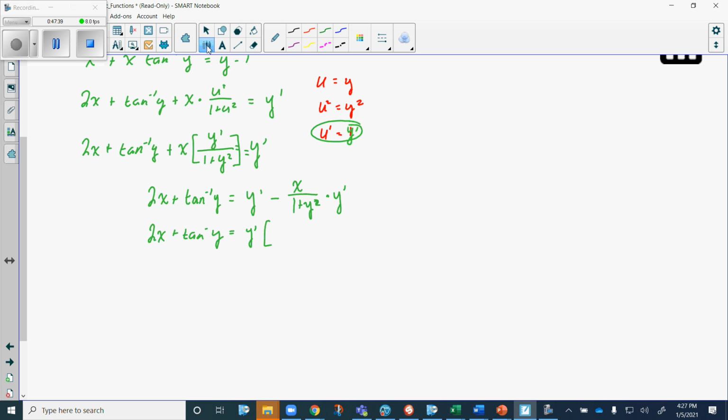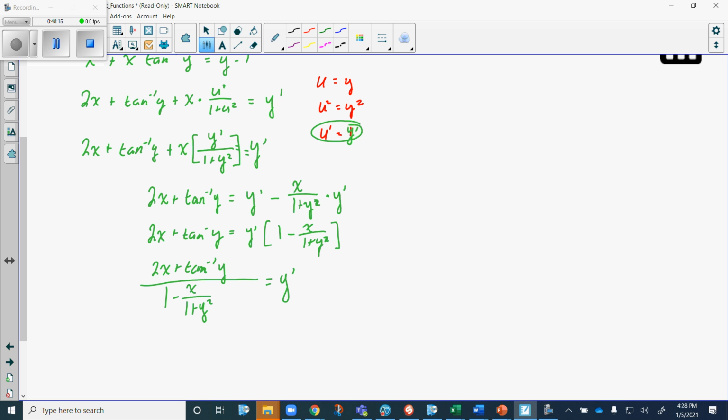I can factor, I know algebra. 1 minus x over 1 plus y squared. And now we'll take that and move it over through division, giving me 2x plus tan inverse of y over 1 minus x over 1 plus y squared to be equal to dy/dx, or y prime the way I'm writing it.